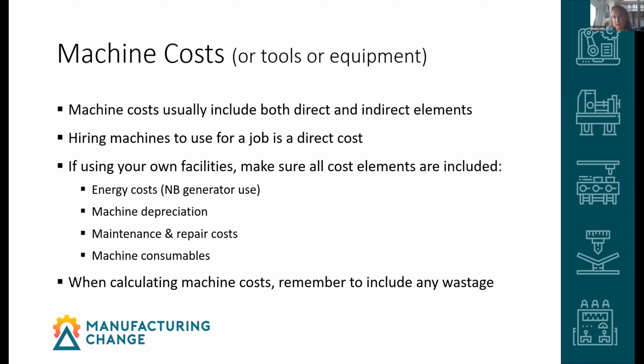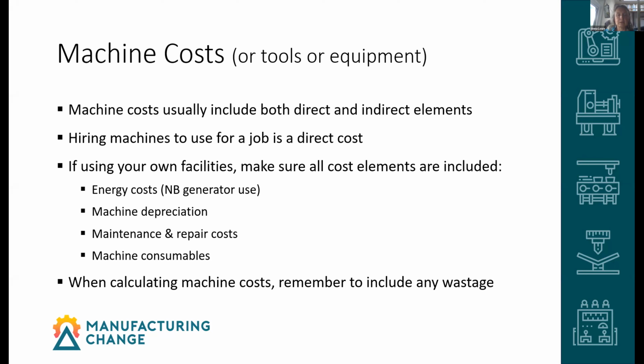So one of them is the energy cost to run the machine, if it's any kind of automated machine or power tool. And you may also need to think about that the energy source may differ, like maybe you can usually get grid electricity, but sometimes you have to use a generator and that's more expensive. So you need to make sure you account for the energy cost, whatever the source is.